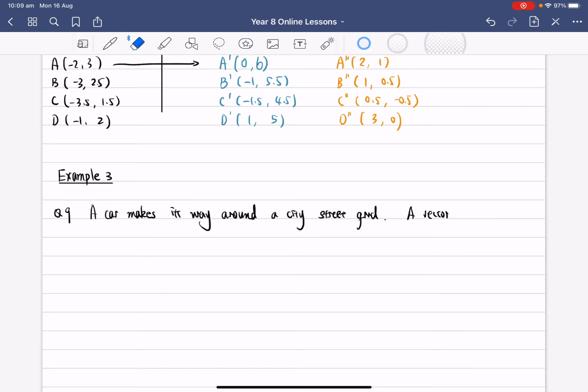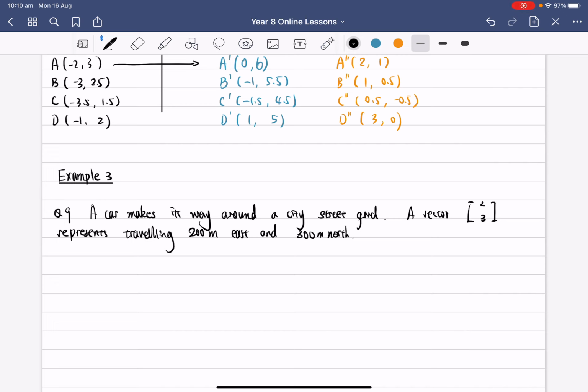So just write it properly here: 2 and 3 just represents traveling 200 meters east and 300 meters north.